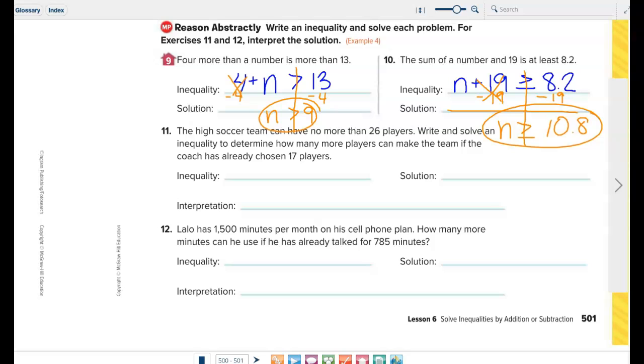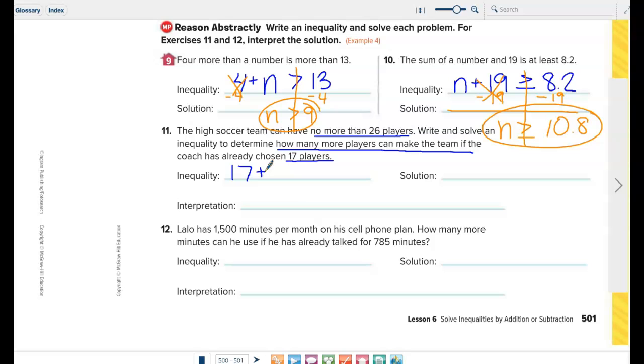All right, number 11. The high school soccer team can have no more than 26 players, and we need to write and solve an inequality to determine how many more players can make the team if the coach already chose 17. Okay, so let's just start with how many players we have on the team already. We have 17 players already. And we could add more players to the team.